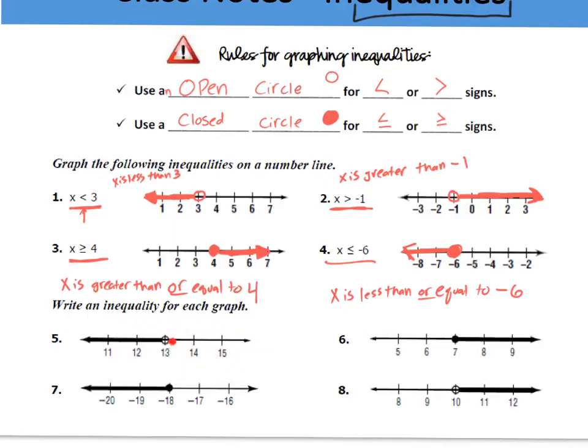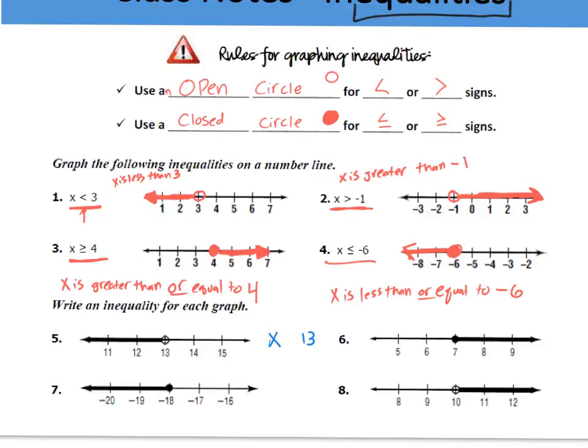So I see there's an open circle, and it's shaded everything less than. So I know that my equation is going to be something about 13. When I write this, it is x is something with 13, and there's some number that goes in this little space in between.